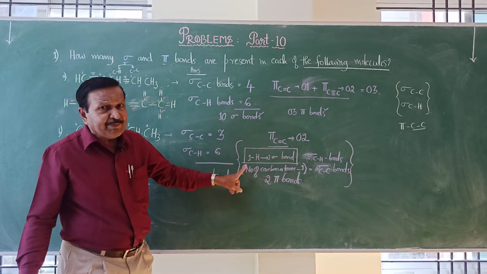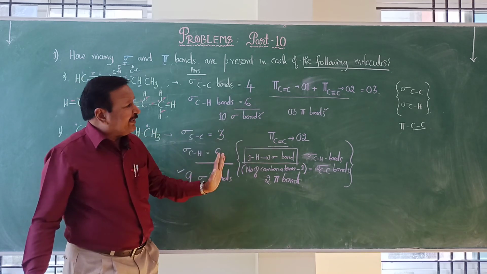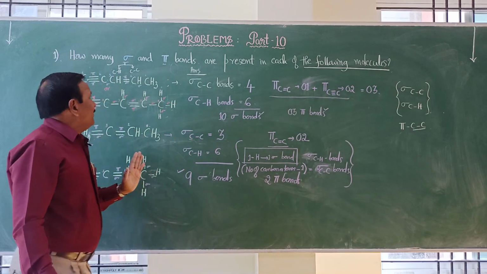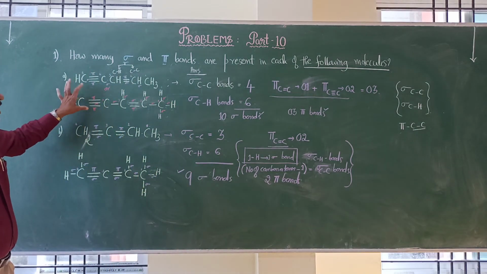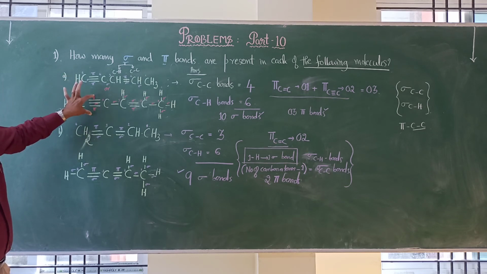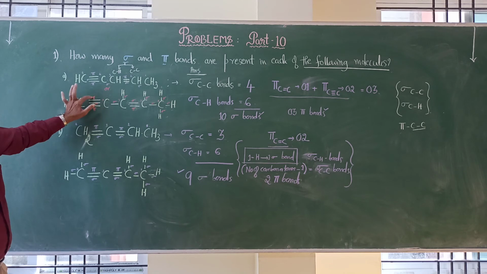And the number of carbon atoms totally in the compound, minus 1, will be the carbon-carbon sigma bonds, and pi bonds will be very simple. All single bonds are sigma bonds, and all double bonds are a combination of sigma and pi.